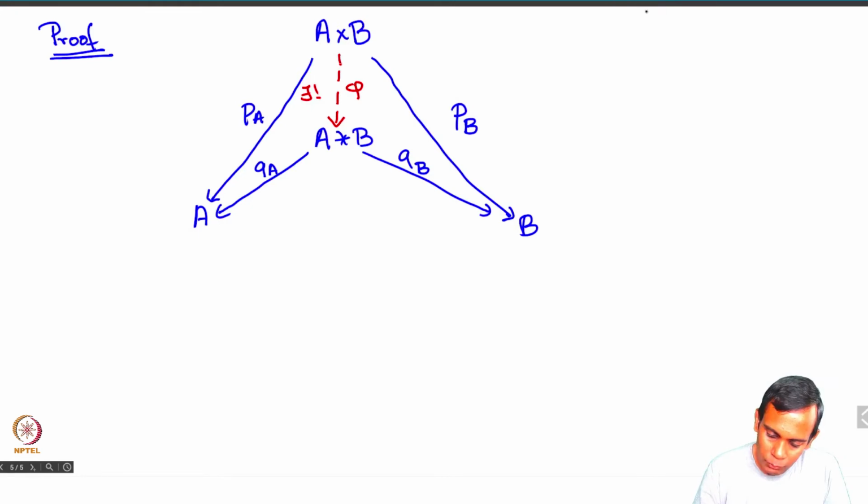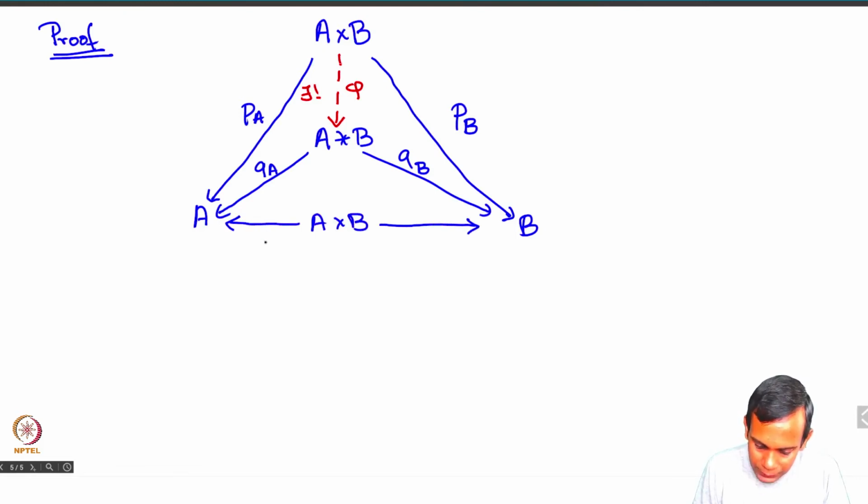Now let's go one more step. Let's go back to A cross B here, and A cross B has arrows to A and to B, namely PA and PB. Now, because A cross B is a product, we can take C to be A star B in the definition of product, and F subscript A to be QA and F subscript B to be QB.